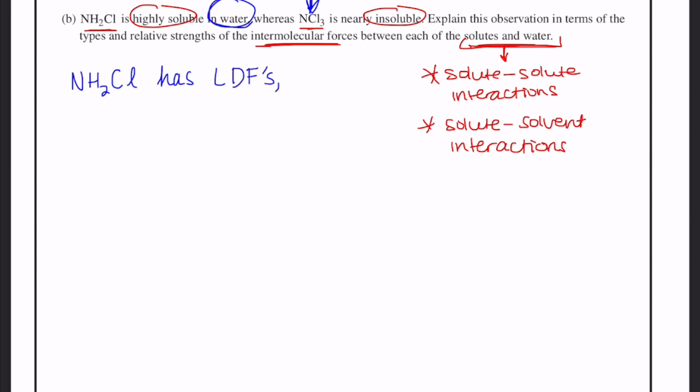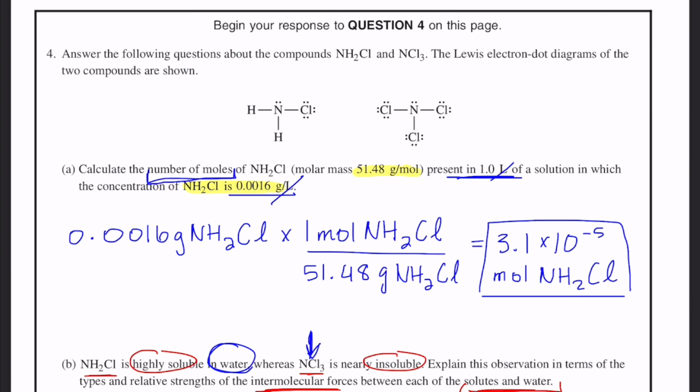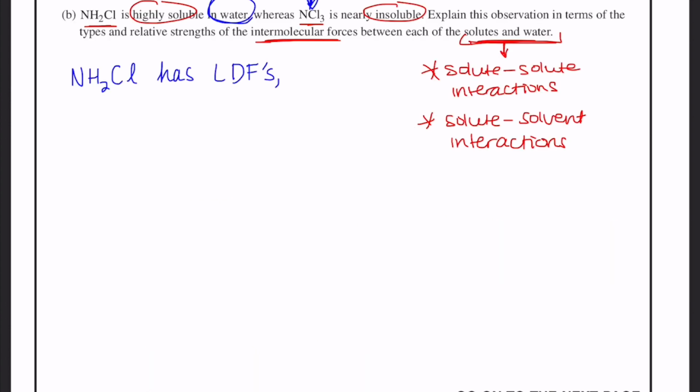Well, this is when we turn to the Lewis structures, and here I see that H is bonded to N, so this tells me that it has hydrogen bonding capabilities. That is dipole-dipole also implied there as well. So has dipole-dipole and hydrogen bonding. So to be specific here, say hydrogen bonding.